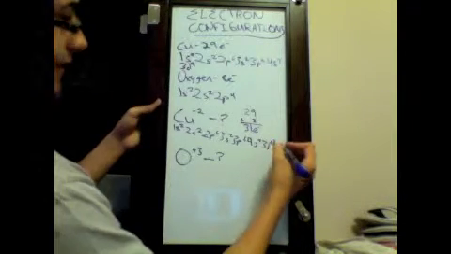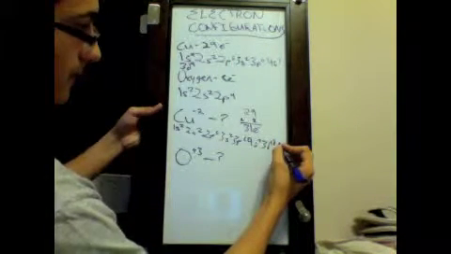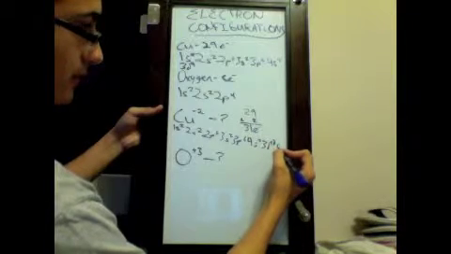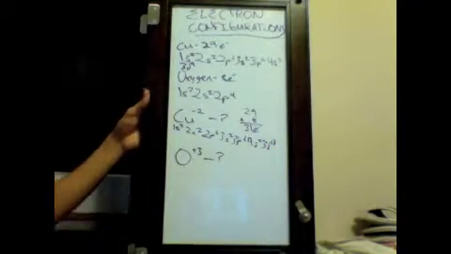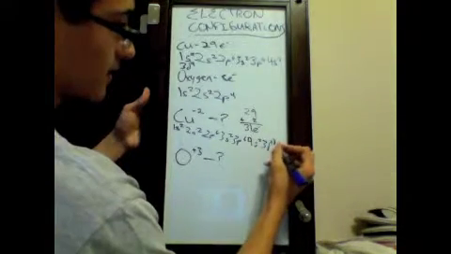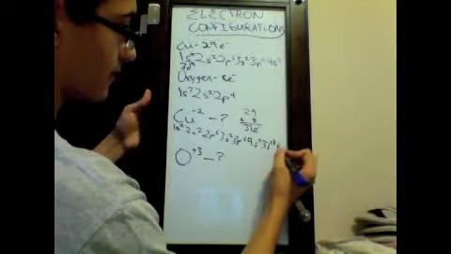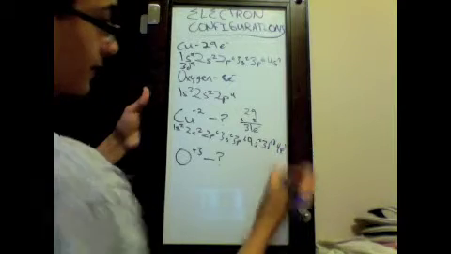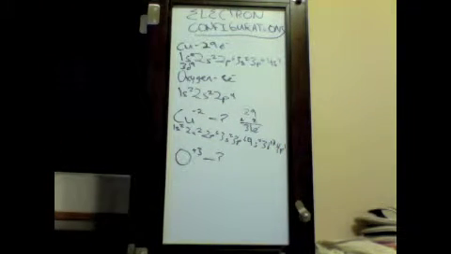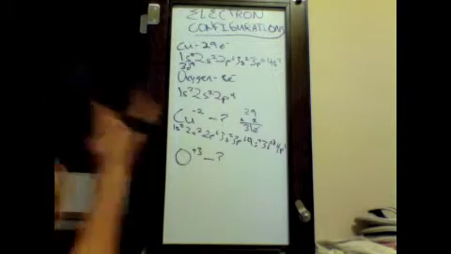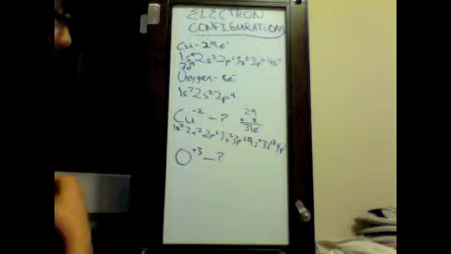And then next is 4p1. Not 6, because we don't need 6 whole electrons, we only need 1. So that would be the electron configuration for copper -2.